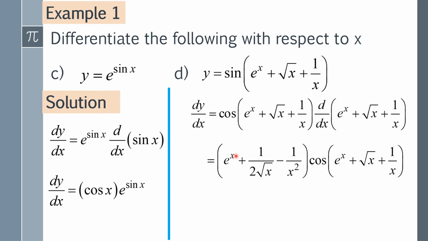Differentiate root x, we get 1 over 2 root x. Differentiate 1 over x, we have negative 1 over x squared. So the answer is dy/dx equals e to the power of x plus 1 over 2 root x minus 1 over x squared, times cos of (e^x plus root x plus 1 over x).